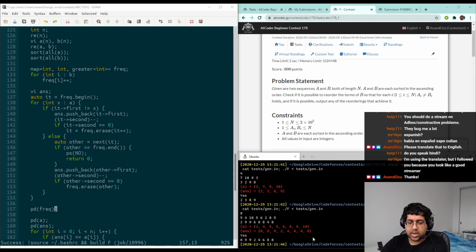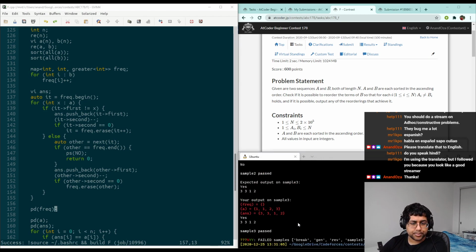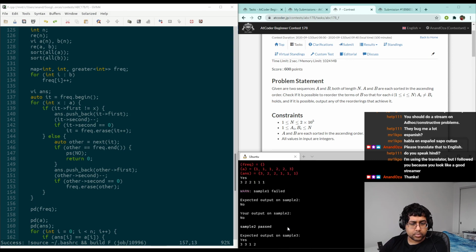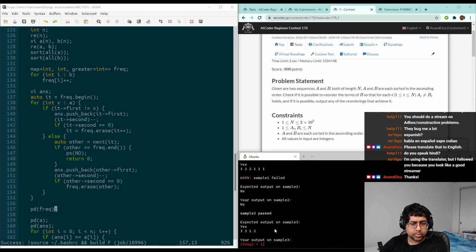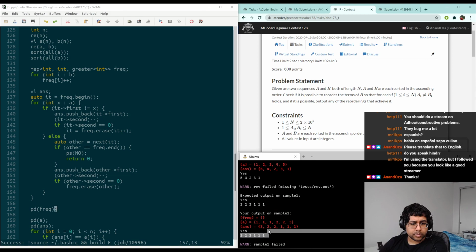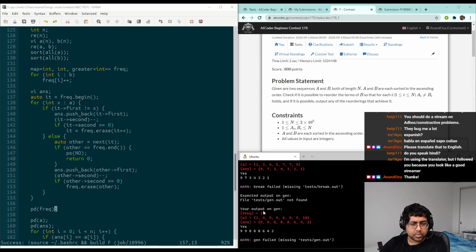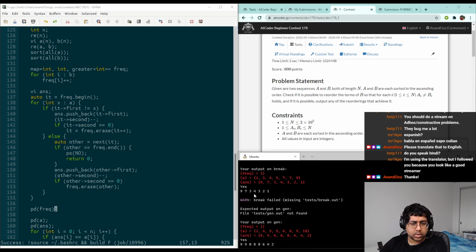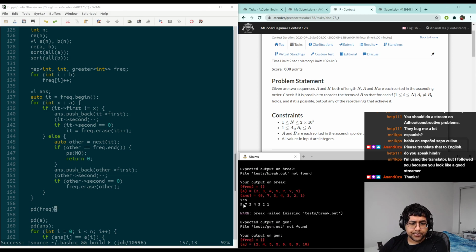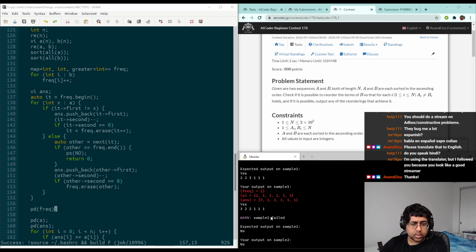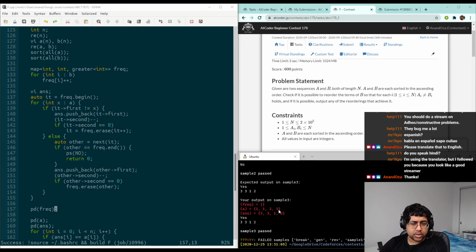So frequency should be empty after this, right? Cool, so this basically appears to work. And then it prints no when the answer is impossible.